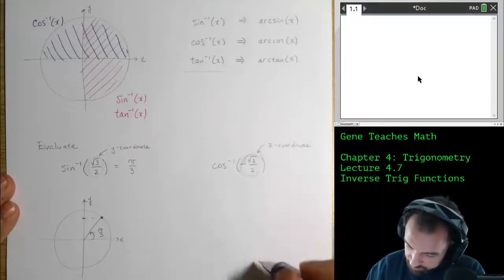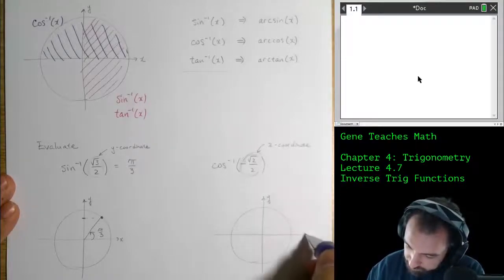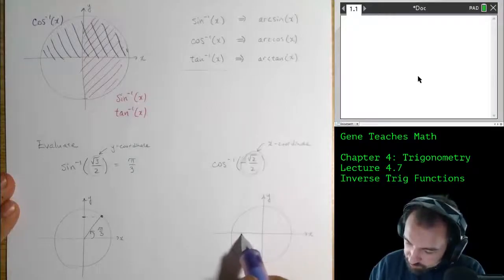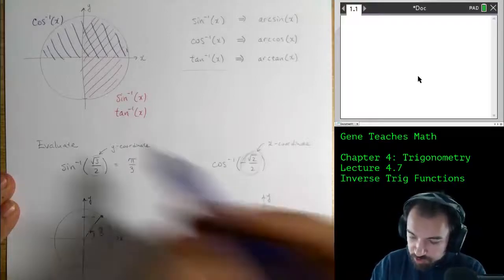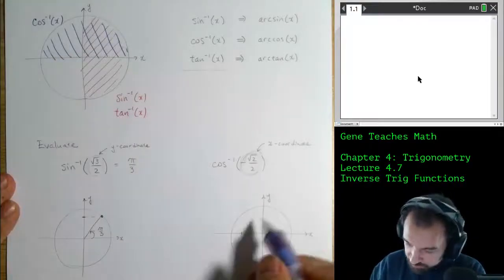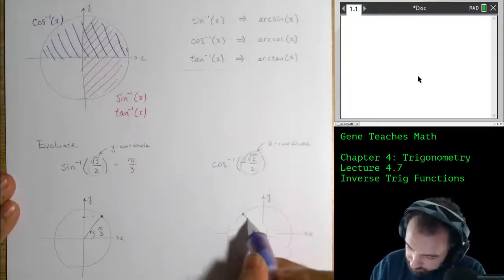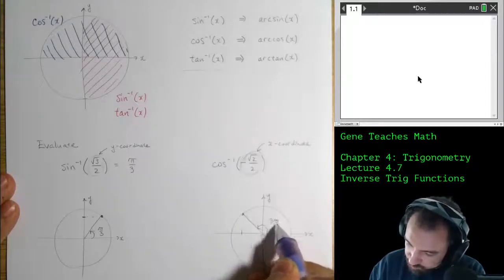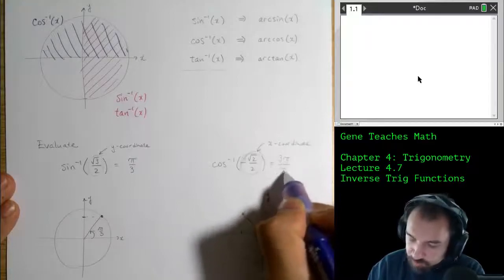So once again, quickly sketching a crude unit circle, we know that we want the x-coordinate to be negative root 2 over 2. And that happens in many locations, but we're only interested in the top half of the unit circle. So there's an angle right there, boom. And this angle, we know from experience, is 3 pi over 4. So this answer is 3 pi over 4.